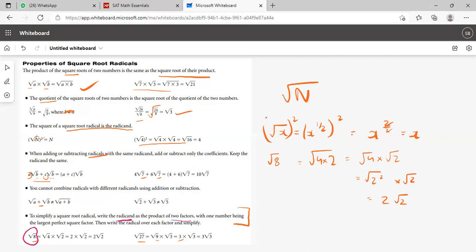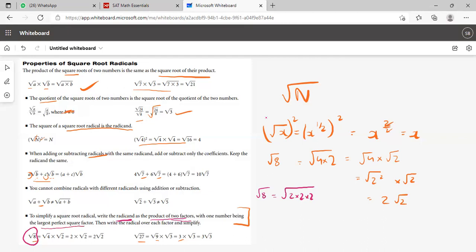If you start factorizing 8, you could have written this as well, 2 into 2 into 2. But rule number 1 is that you need to write it as a product of two factors only. So by two factors, when it's 8, the only option is 4 into 2, with one number being the largest perfect square.